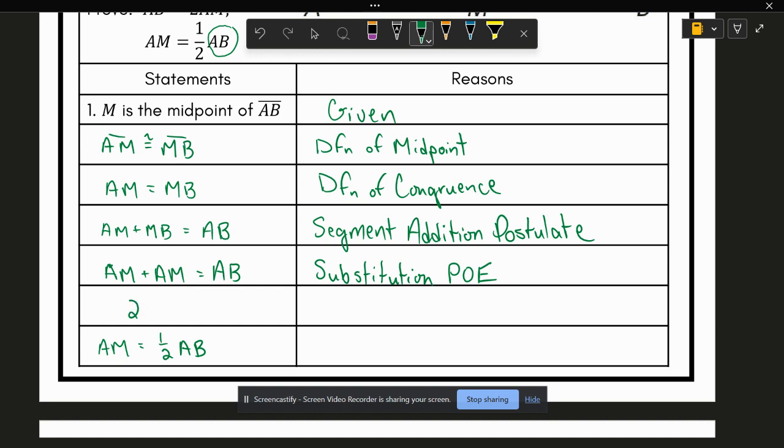So now I can combine them. 2AM is equal to AB. We combine like terms. And then we use the division property of equality to move the 2 over. And that is all for today.